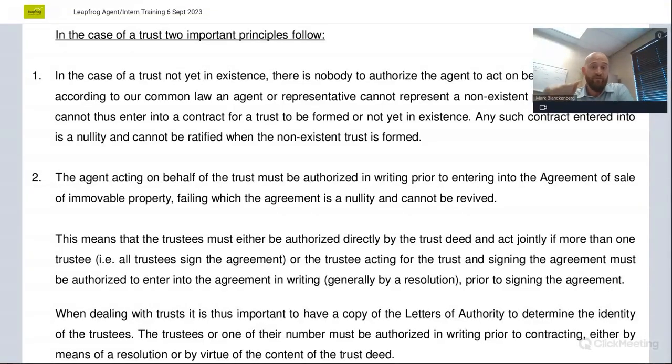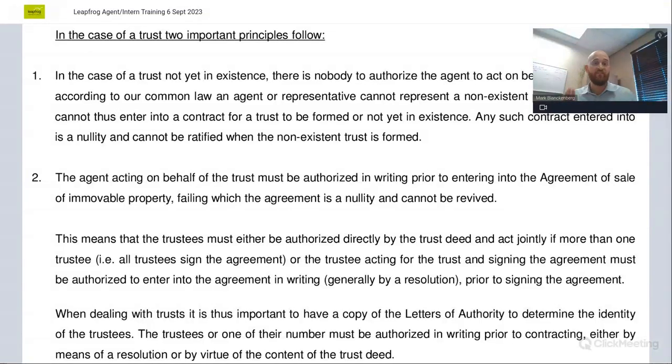If somebody wants to purchase something with regards to a trust, I'm not saying, guys, that at that point you scare them away and you don't take the offer. You just need to realize that if somebody who's signing on behalf of a trust to be formed puts an offer in for you now, the discussion you need to have with your principal and with the owner of the property is that until that trust is formed and the agreement is re-signed, you don't actually have any binding agreement with anybody.